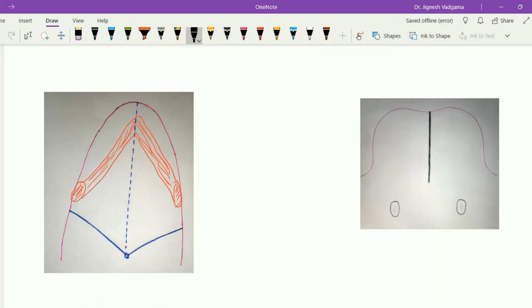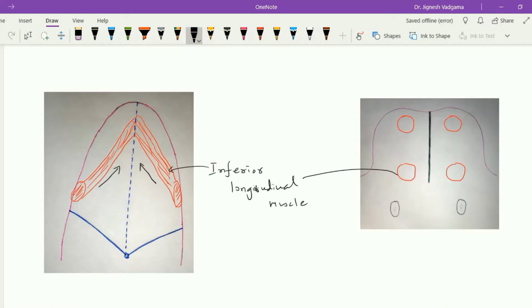When this muscle contracts, it leads to the shortening of the tongue as well as makes the dorsal surface more convex because it is situated towards the inferior surface of the tongue. And here this is the inferior longitudinal muscle of the tongue.